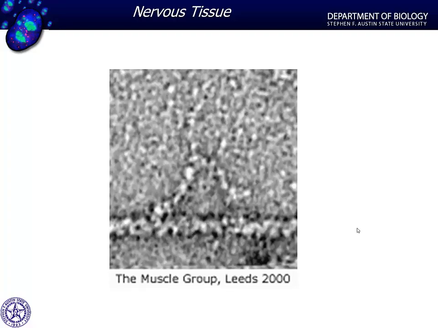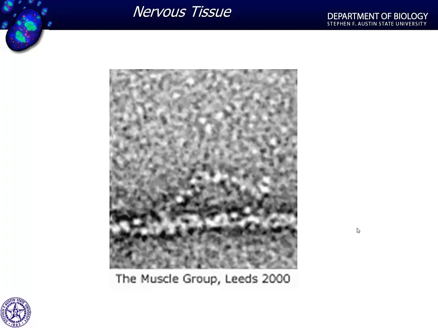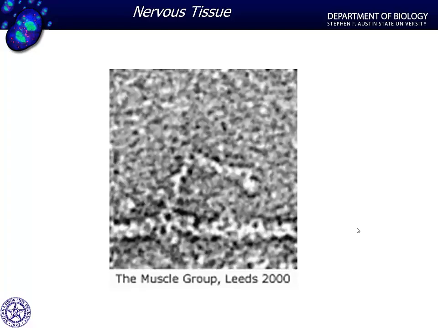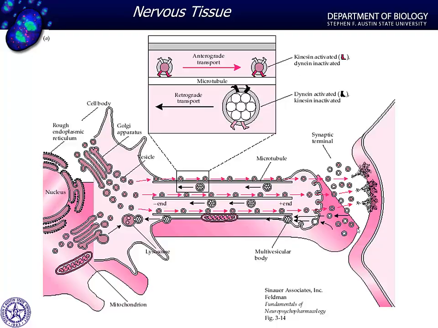That gives you sort of an idea of how the utilization of ATP and ATPase activity can cause dynein and kinesin to conformationally change and take these roughly 8 nanometer or so steps all along the length of a microtubule. And that stepping along, again, results in the movement of possibly entire organelles, such as a mitochondria, or small packages of vesicles, either toward the end, which is anterograde, or back toward the cell body, which is retrograde.